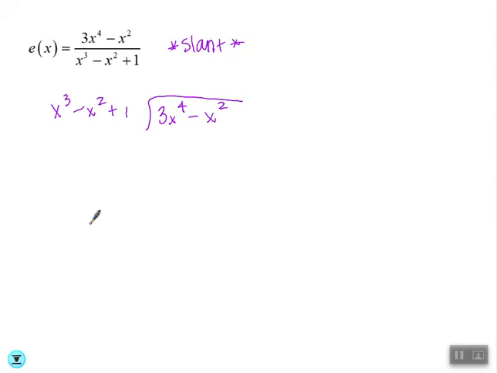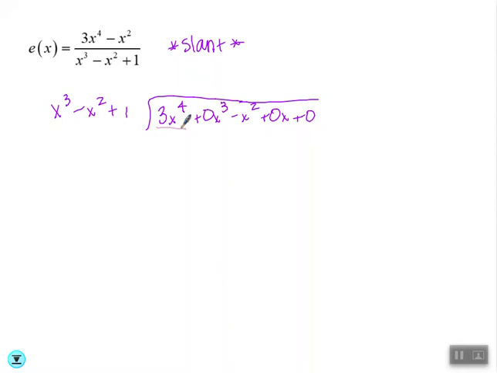Now, there's one thing in here that's going to be a little bit problematic. We are missing some terms. So I'm going to go ahead and add in 0x cubed, 0x, and 0, just so we don't lose track of those places.